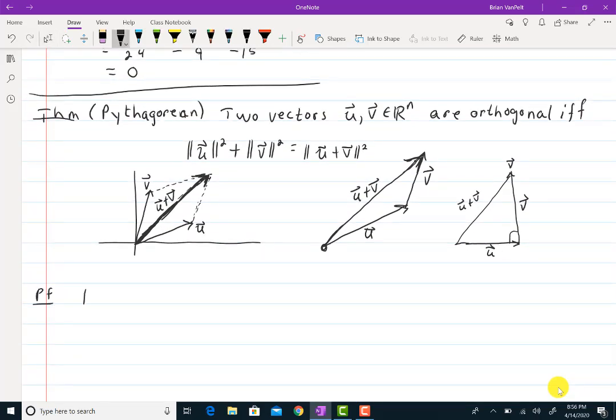Let's start with the norm of u plus v squared. Remember that there's no square root when I do it this way. This is equal to u plus v dotted with u plus v. Now, according to some of the distribution rules, I can do this: u plus v dotted with u, plus u plus v dotted with v.